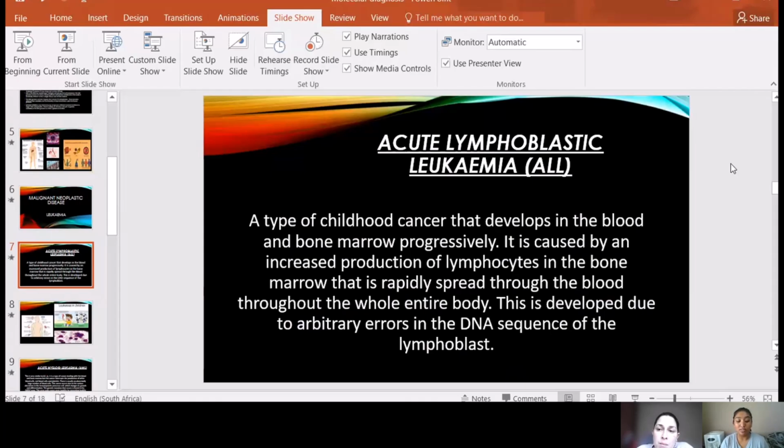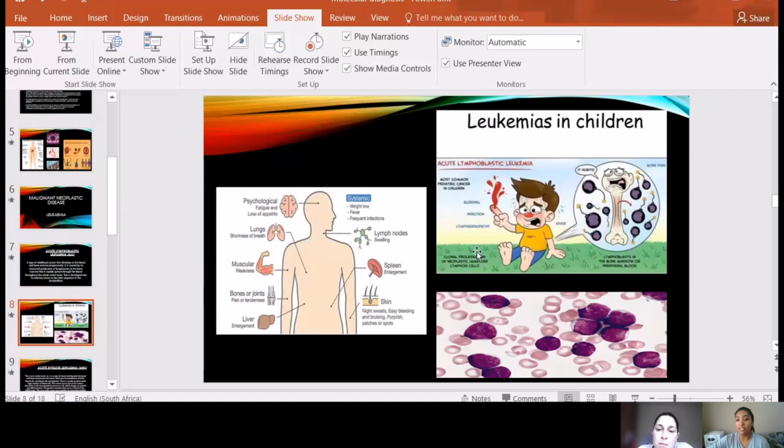This is normally caused by arbitrary errors in the DNA sequence of the lymphoblasts. This is most common in children. Once it's detected quickly, it is better to find cures and to find a treatment for children living with leukemia.